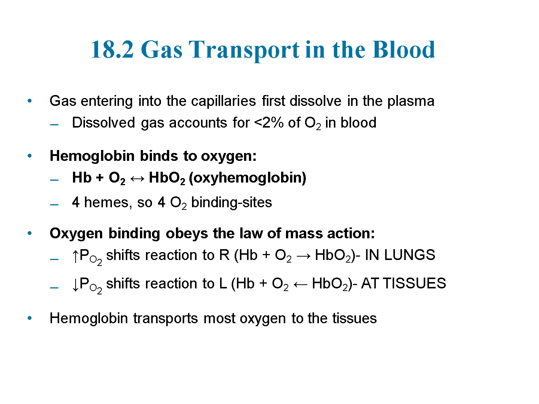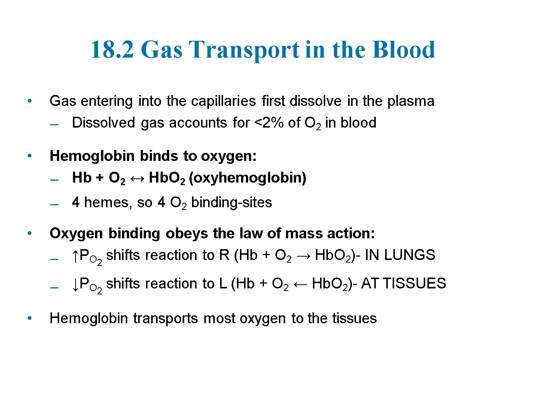To effectively transport oxygen, the majority of it binds to hemoglobin, a protein found in red blood cells. Each hemoglobin molecule has 4 heme groups, allowing it to carry up to 4 oxygen molecules. When oxygen binds to hemoglobin, it forms oxyhemoglobin, a reversible reaction that allows oxygen to be released when needed.